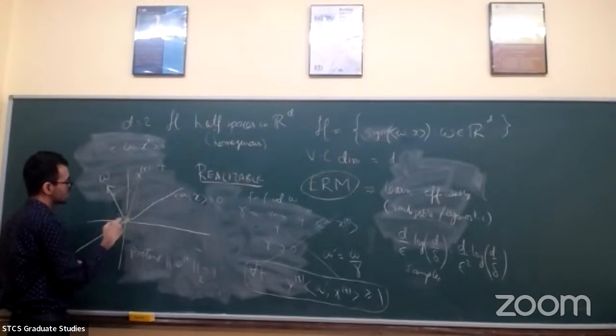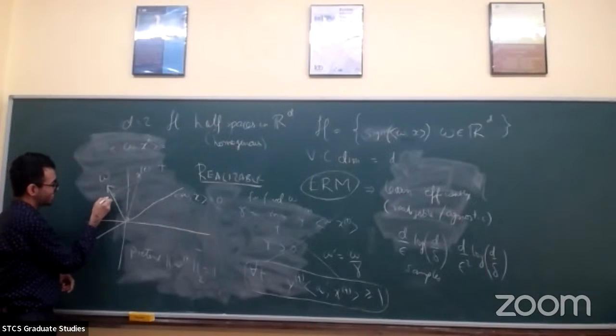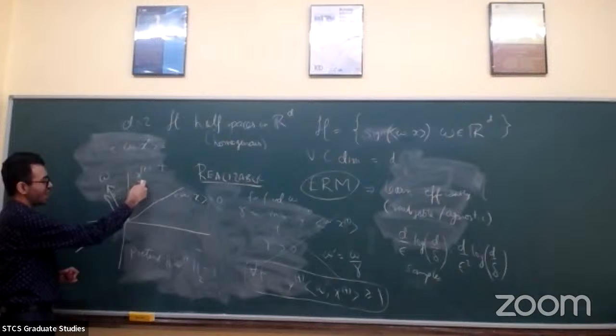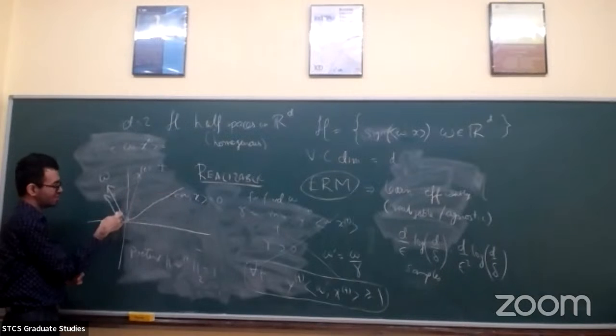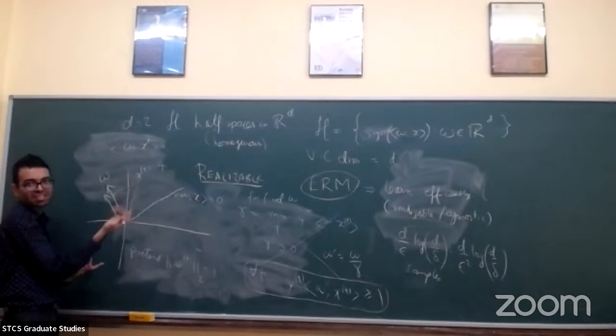So this thing here is W transpose xt. And since you notice that this line and this line are parallel, because this is normalized, therefore this thing is actually the distance.